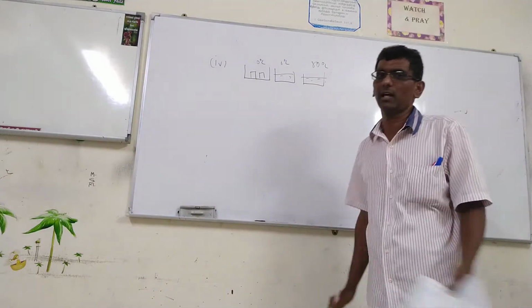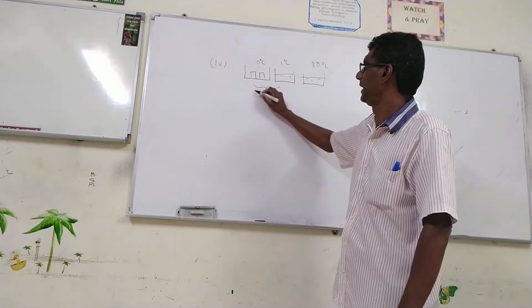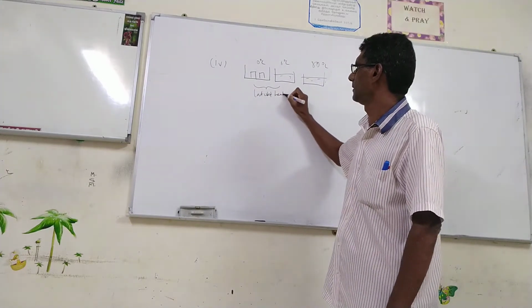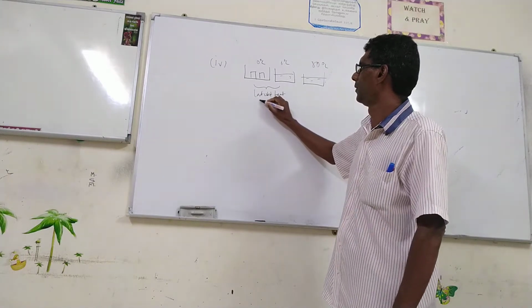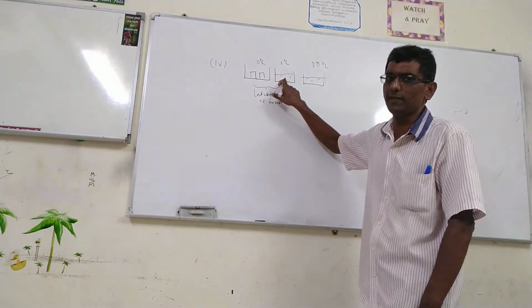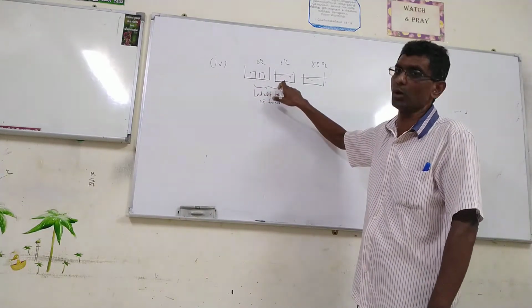So how many stages are there? Two stages. The first stage, latent heat of fusion, because ice melts and becomes water.